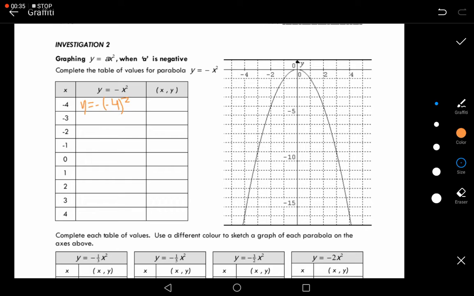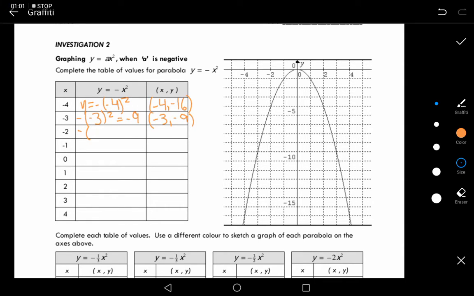Okay, so negative 4 squared is 16 times negative 1 is negative 16. So that is our first point. We're going to do the same thing with all of these other x values to figure out our coordinates.